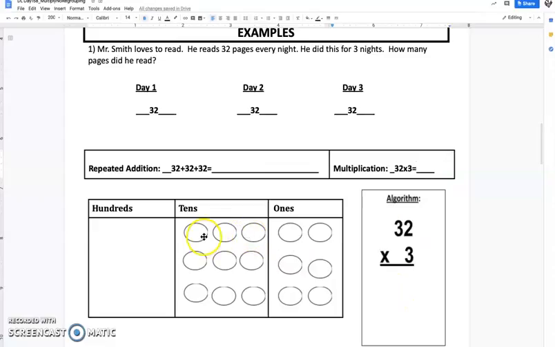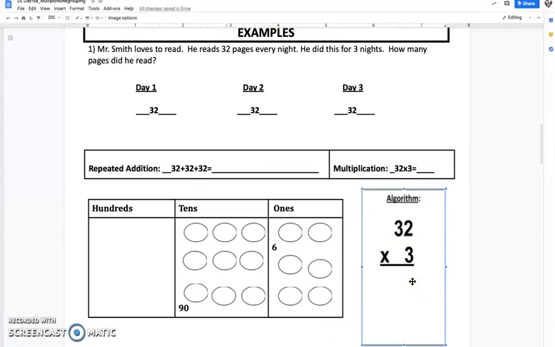So all together I have 10, 20, 30, 40, 50, 60, 70, 80, 90. And let's write that in there so we can remember. And then I have 1, 2, 3, 4, 5, 6. And in the ones place again, I have 6. So let me write that number down somewhere in that box to represent.